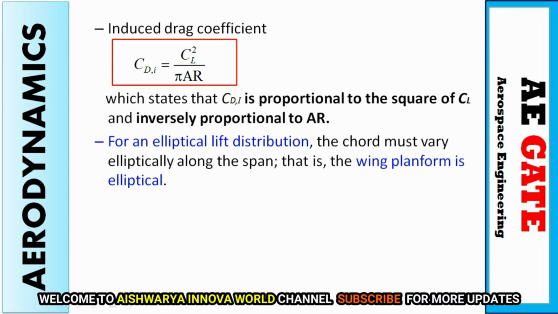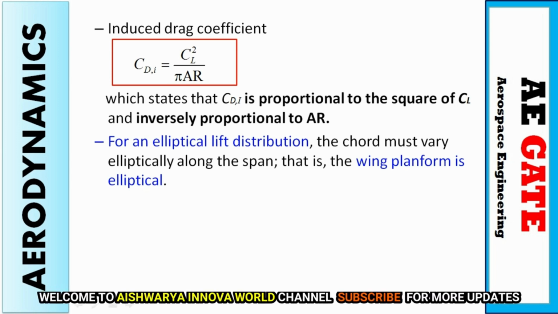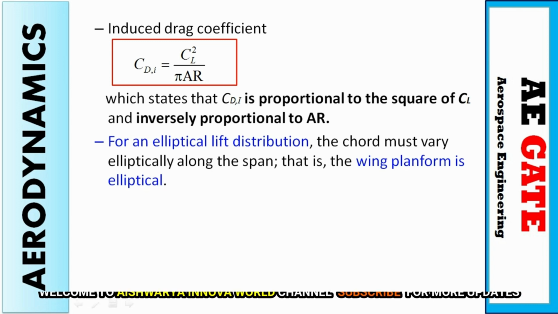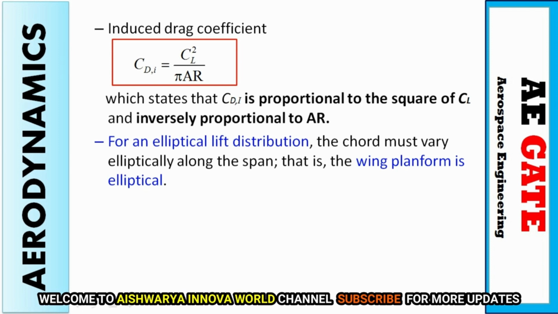From this we can come to a conclusion which states that CDi is proportional to the square of CL and CDi is inversely proportional to AR. That means if the aspect ratio is high, then we can decrease the induced drag.